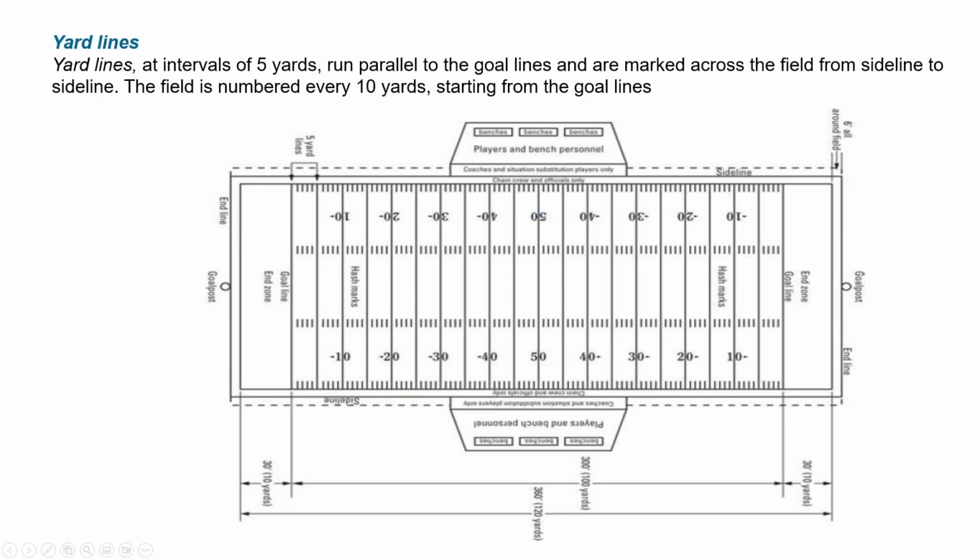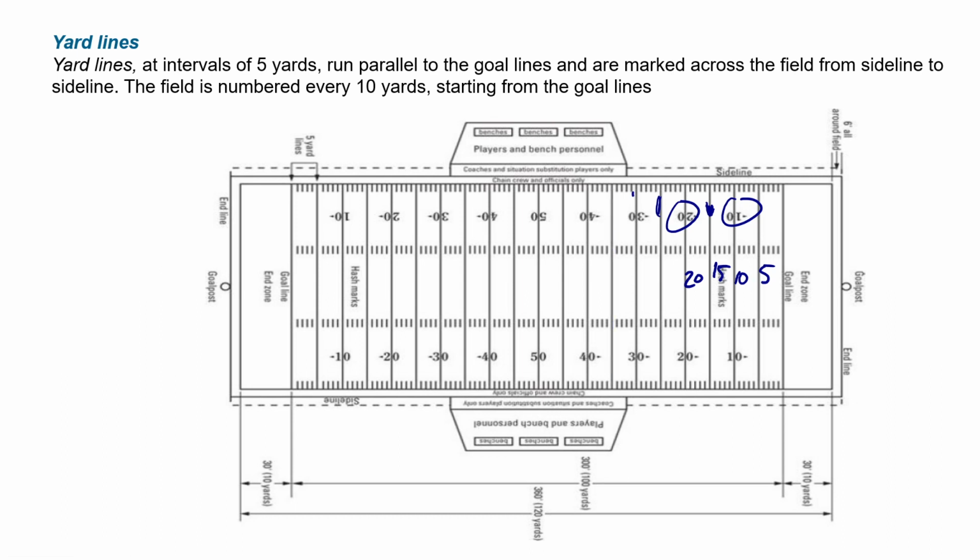The yard lines are marked at an interval of 5, so 5, 10, 15, 20. As you can see, every 10 yards they're numbered. They skip the odd 15s and 25s, but the lines are there, and they cross all the way.